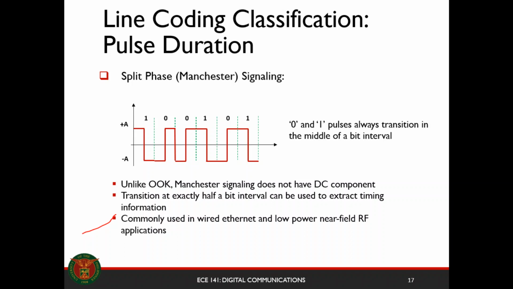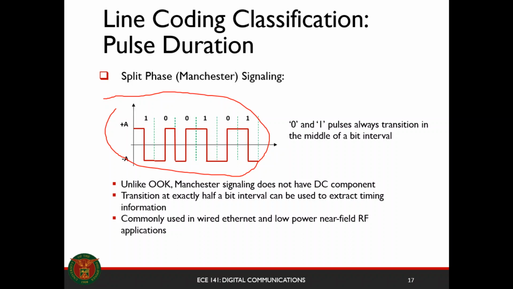So another example is your split phase or Manchester signaling. Okay. So the Manchester signaling right here, as you can see from this image, the 0 and 1 pulses are always in transition at the middle of a bit interval. So what does that mean?